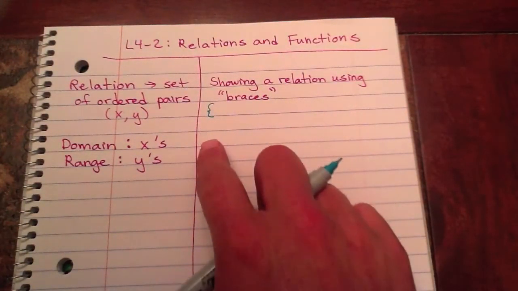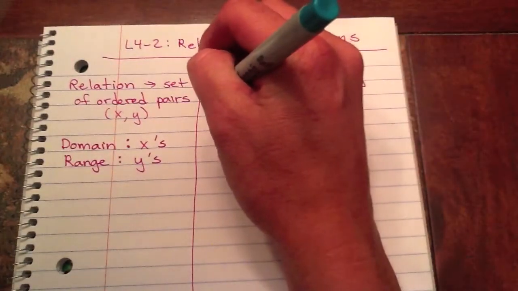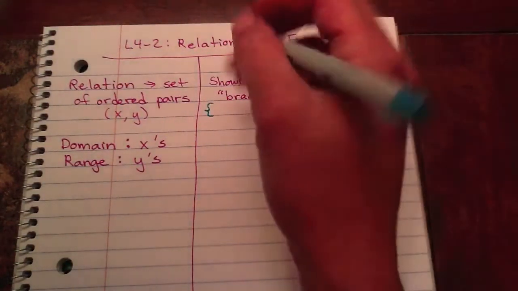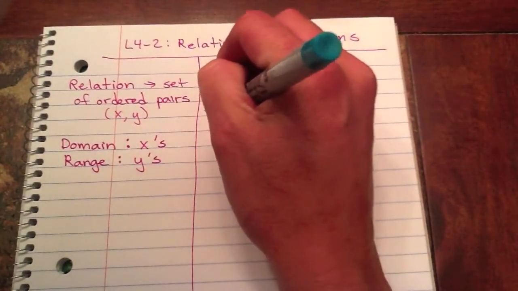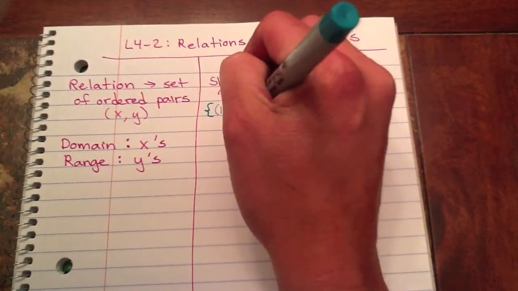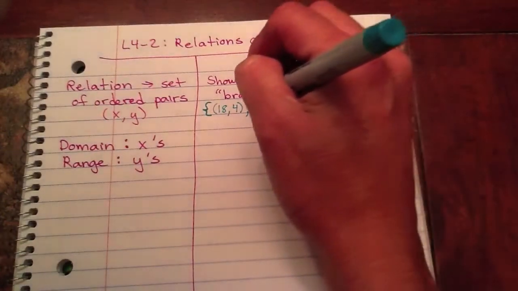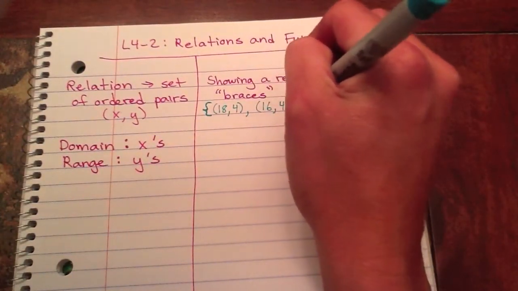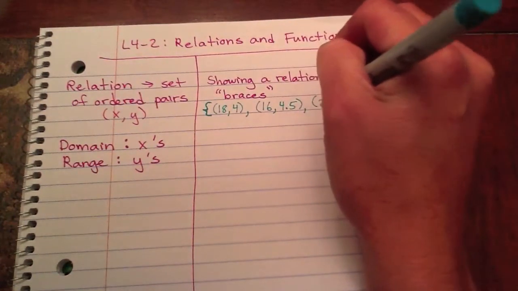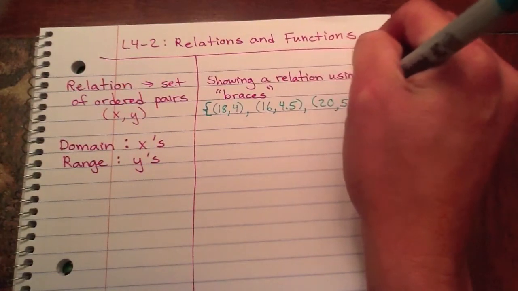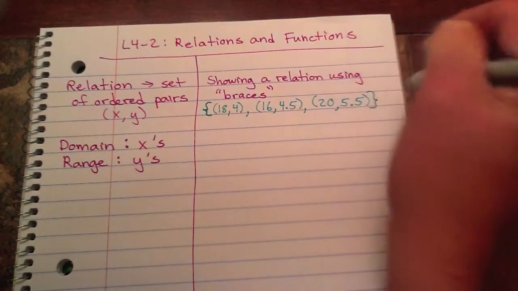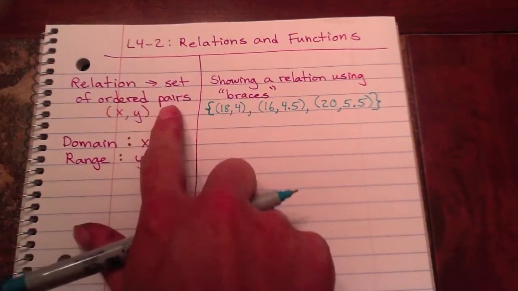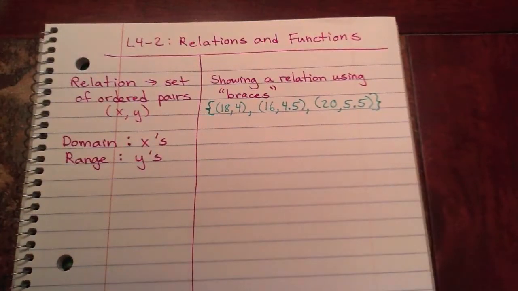A lot of people have trouble with them, but you'll get used to it. Just go out, little dip out, and back over. So we have the ordered pair 18, 4, commas between your ordered pairs, 16 and 4.5, 20 and 5.5. So that's an example of a relation, a set of ordered pairs in braces.